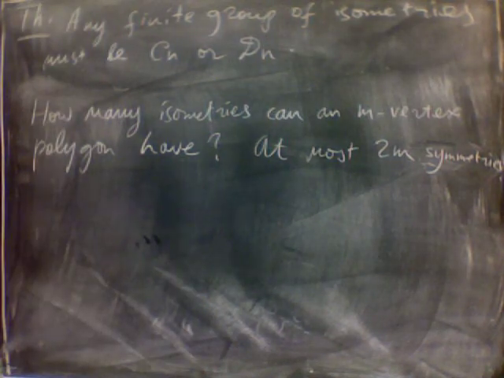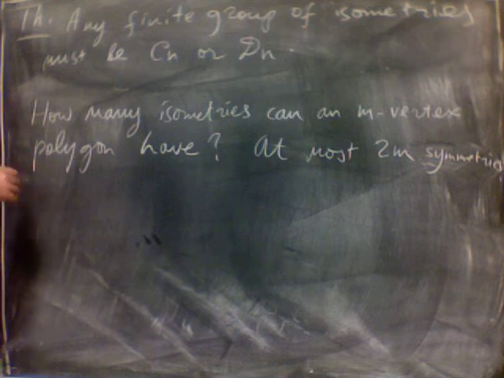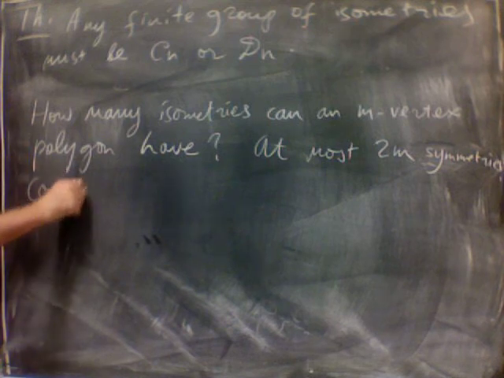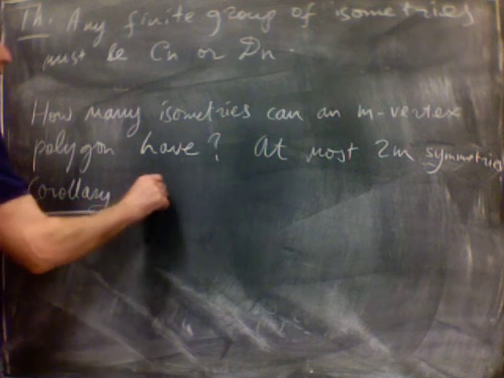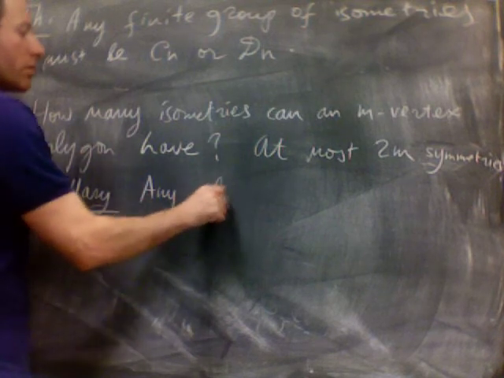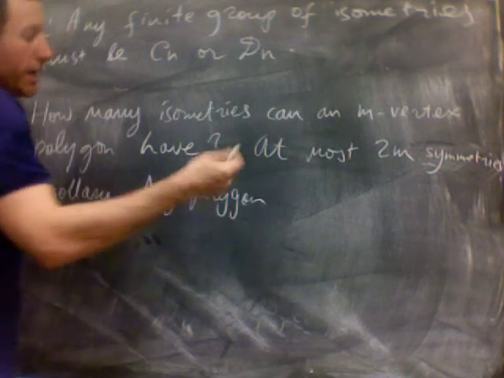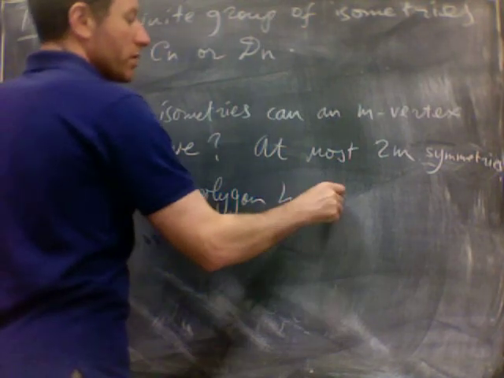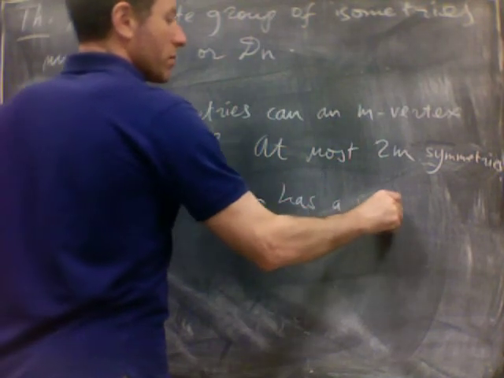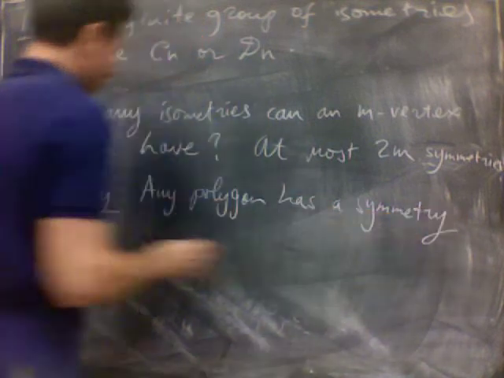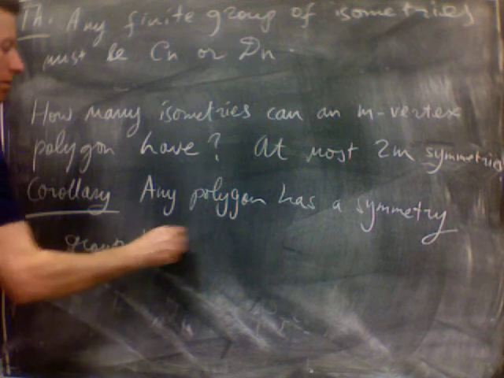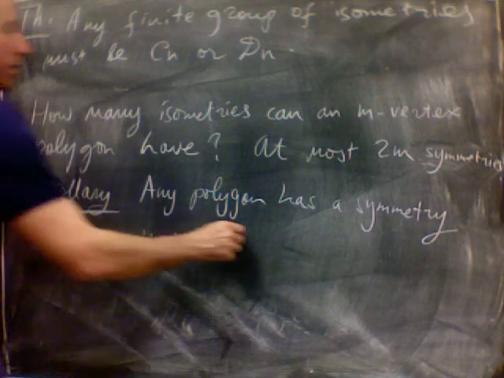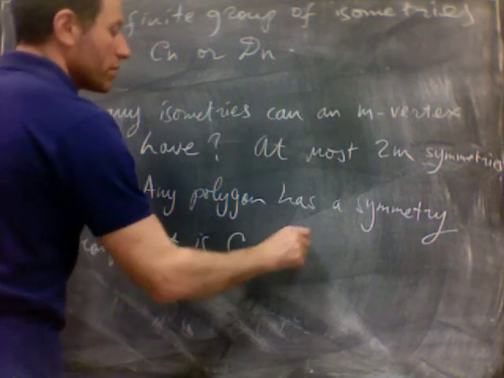So as a corollary of this theorem, we get the statement that any polygon in the plane has a symmetry group that is Cn or Dn.